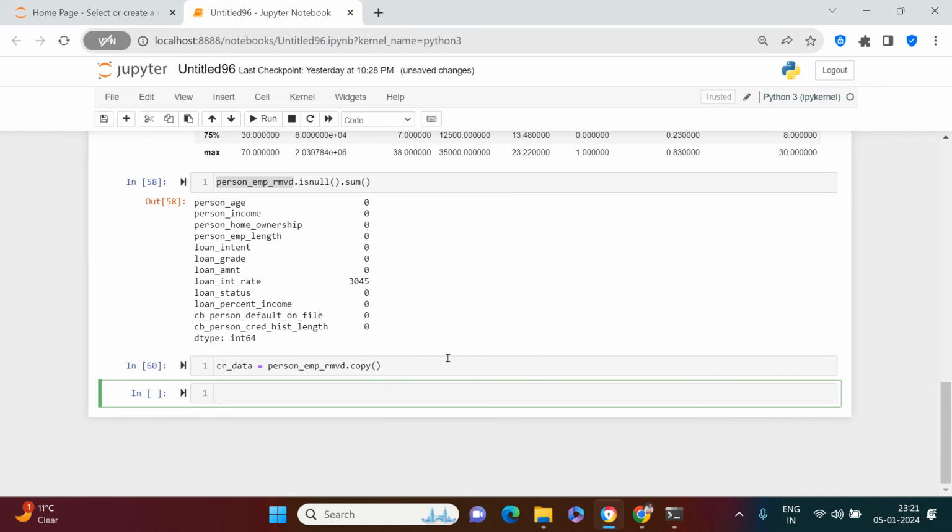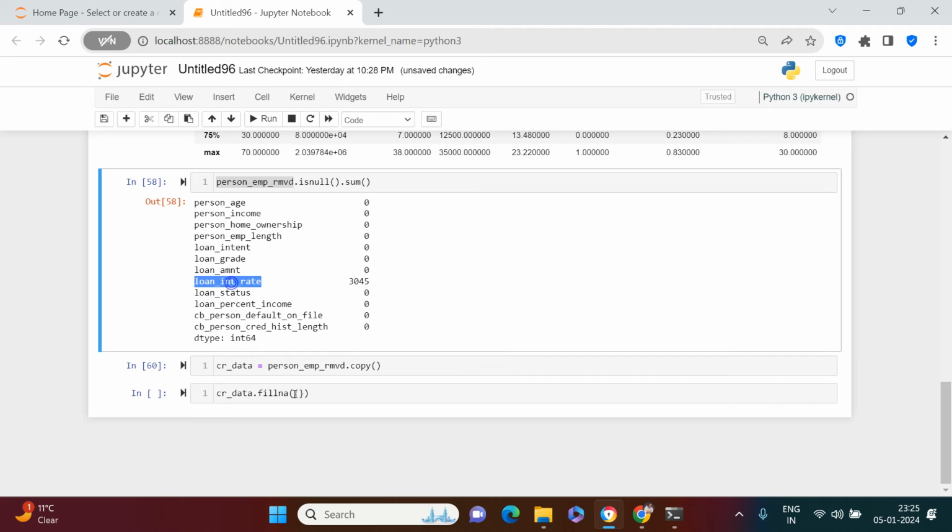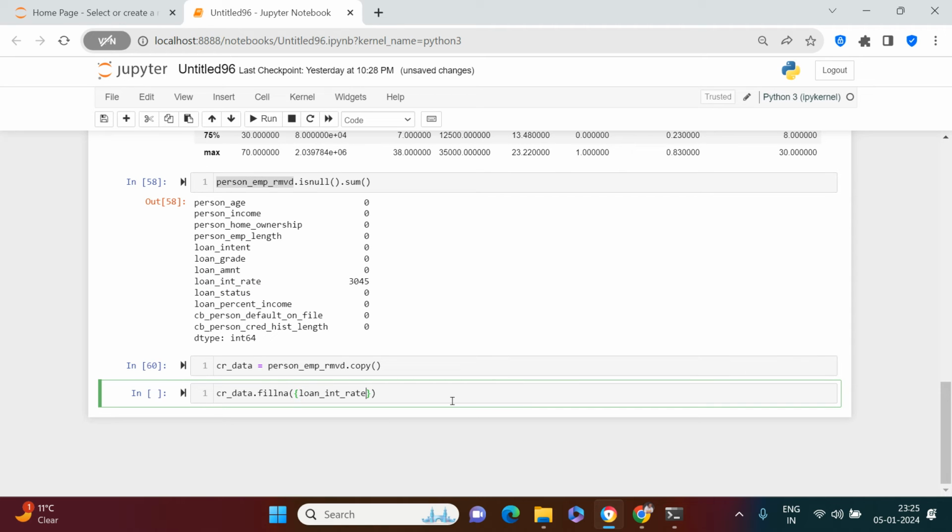Now inside this I'm going to do fill na, and inside this we want to fill the column. Which column? This one. This column we want to fill the missing values with, and the value which we want to fill the missing with is this, and then I can say median.